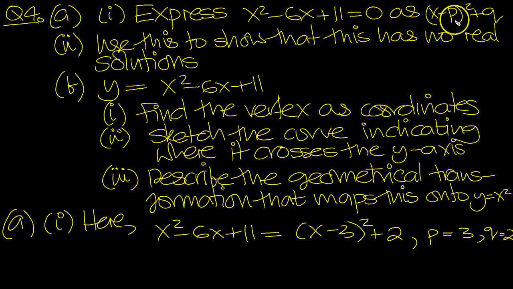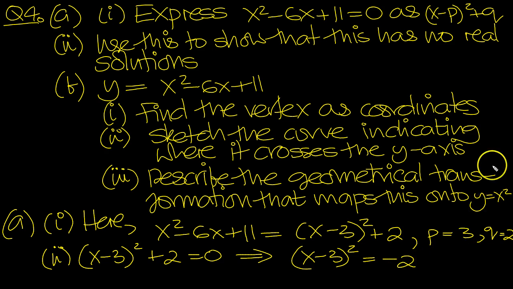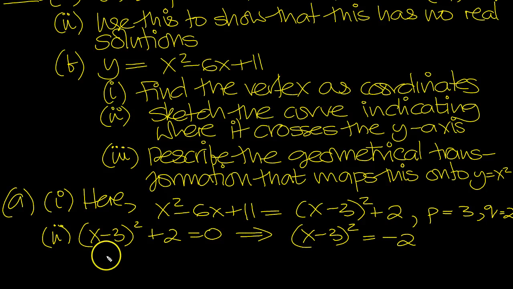Okay, good. Use this to show that this has no real solutions. So part 2, x minus 3 squared plus 2 equals 0 implies that x minus 3 squared equals minus 2, which is not possible.